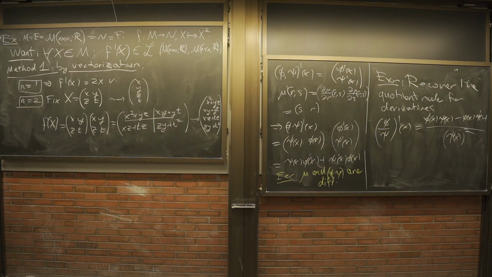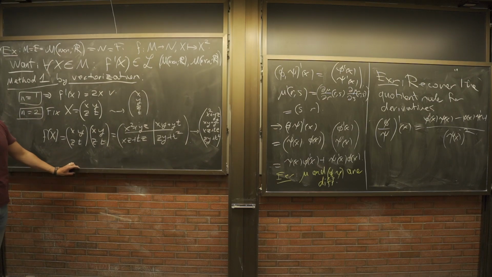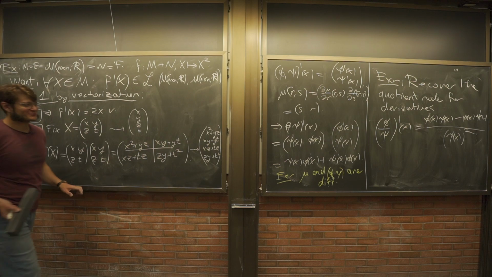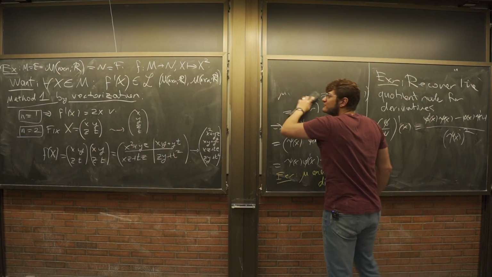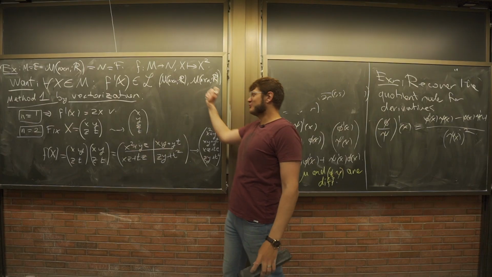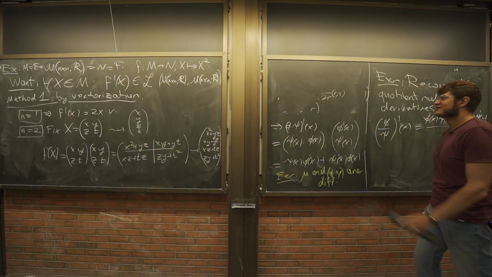I'm just computing things, okay? And don't worry, the punchline is that there's a much easier way to do this, of course. But it requires that you use this more sophisticated formalism.